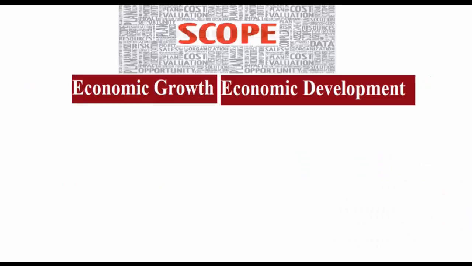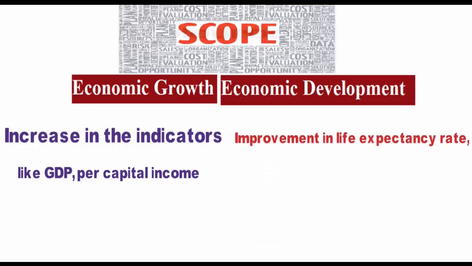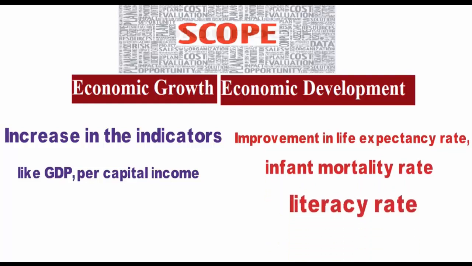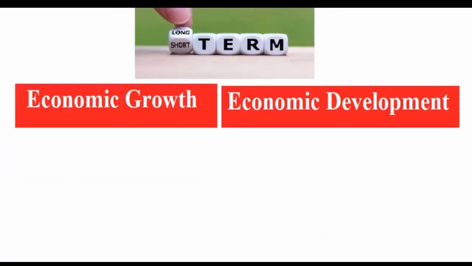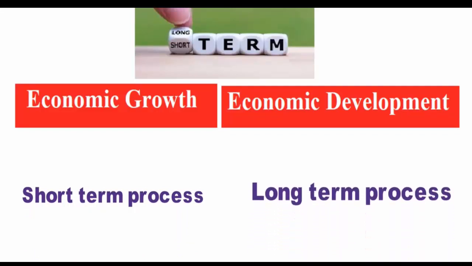Scope: economic growth is considered single-dimensional in nature as it only focuses on the income of the people of the country. Economic development is considered a multidimensional phenomenon because it focuses on the income of the people and on the improvement of living standards of the people of the country. Term: economic growth is a short-term process, economic development is a long-term process.